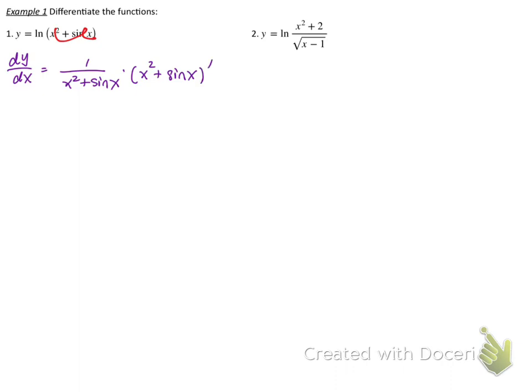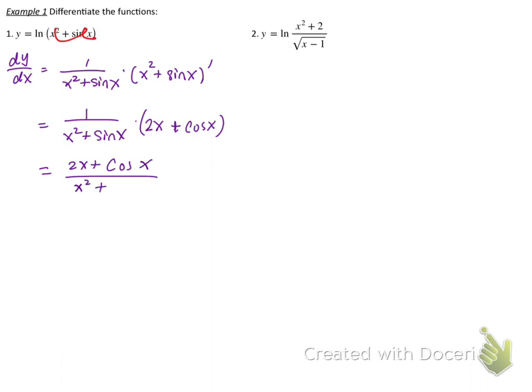The derivative of x squared gives me 2x, and sine x gives me cosine x. So this is 2x plus cosine x over x squared plus sine x.